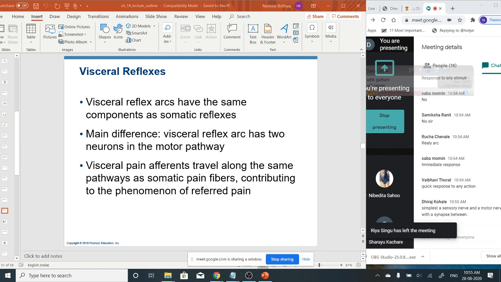The difference is the visceral arc has two neurons in the motor pathway, while in the somatic arc only a single neuron is there. Visceral pain afferents travel along the same pathway as somatic pain fibers, contributing to the phenomenon of referred pain. What is referred pain? Anybody know?